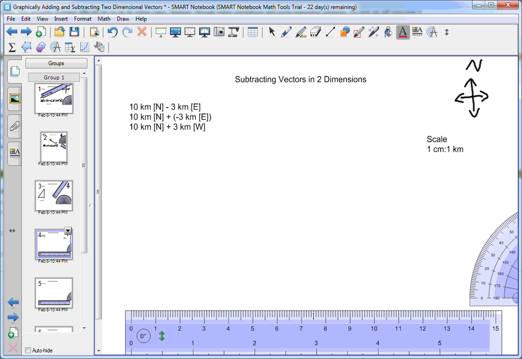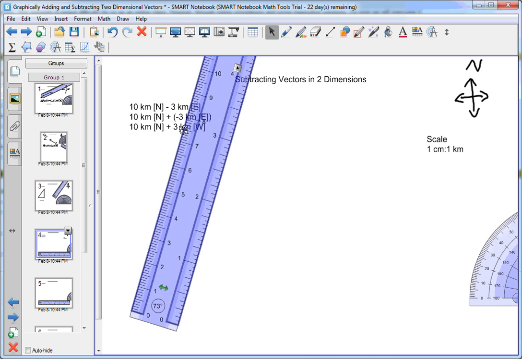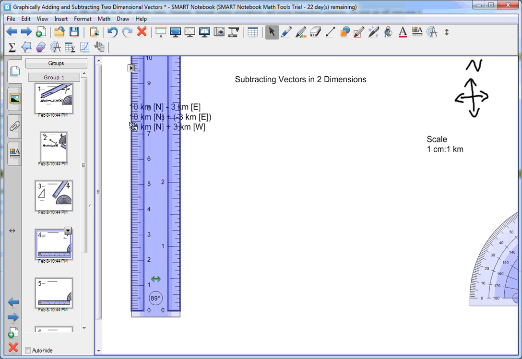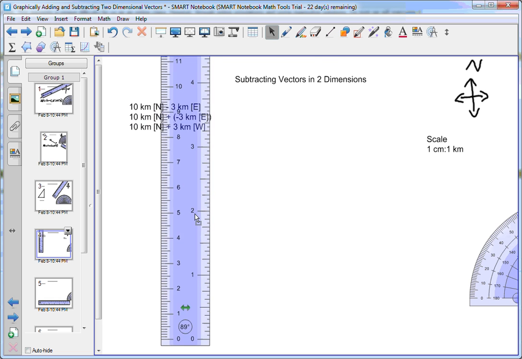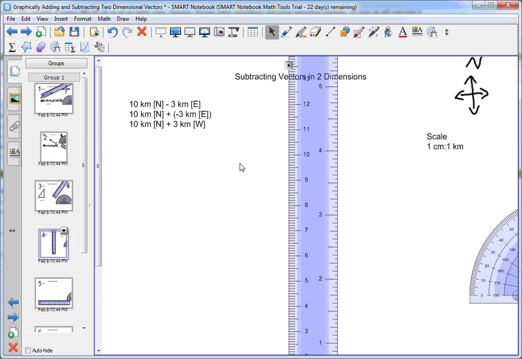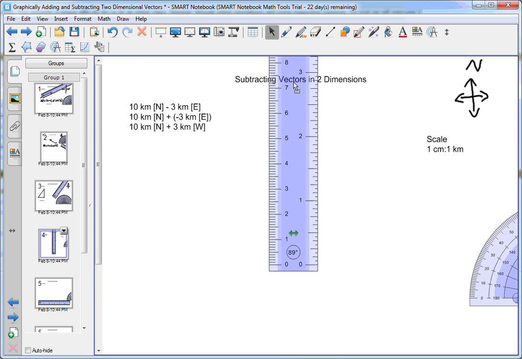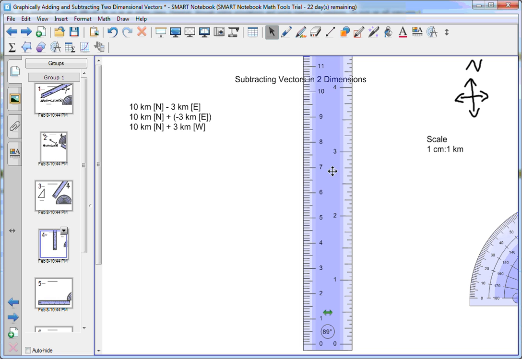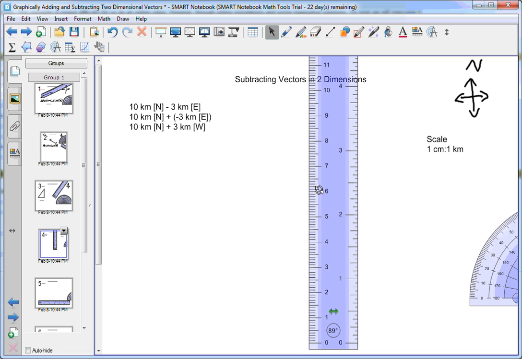So I need to draw a line that is 10 centimeters north. Not quite sure why I can't get that ruler perfectly up and down, but for the purposes of demonstration, this will work.